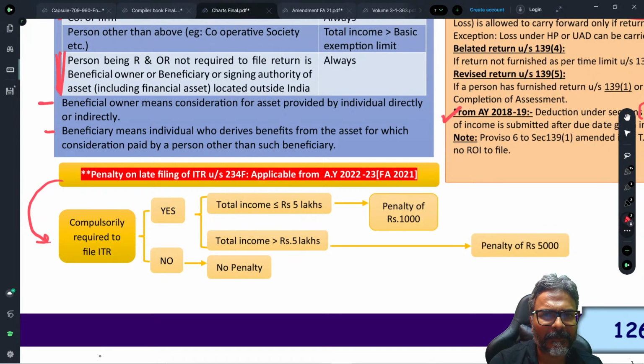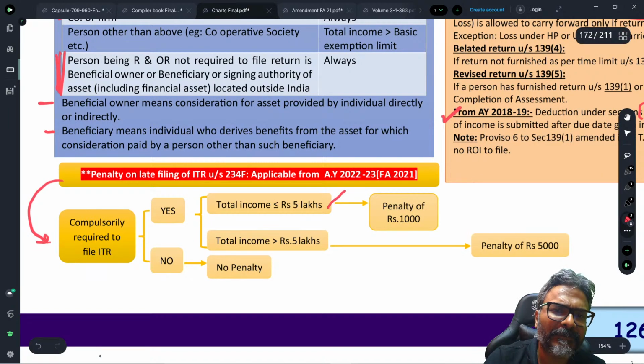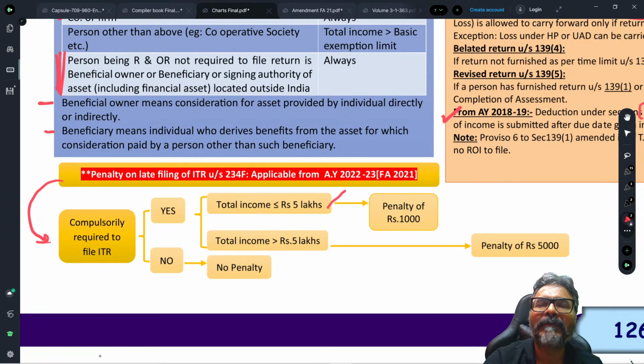Students, those persons who are obligated to file the ROI, if they have not filed the return of income within the due date of section 139(1), then the amount of penalty would be either 1,000 or 5,000 rupees as the case may be. Now, students, I have seen one very common error which students are making. For 234F, they are not using the word penalty. Instead of that, they are using the word fee.